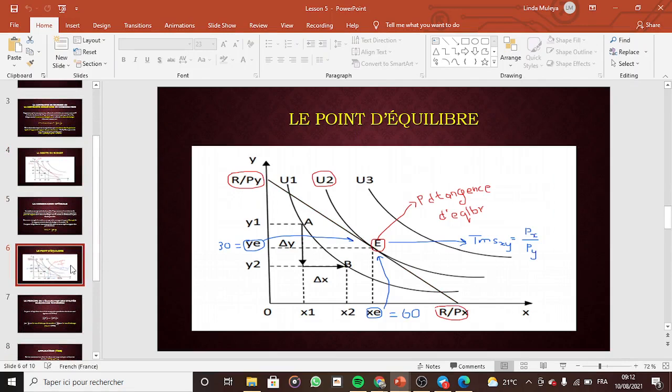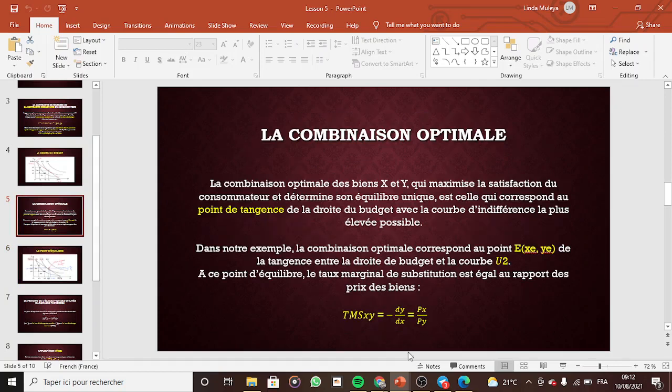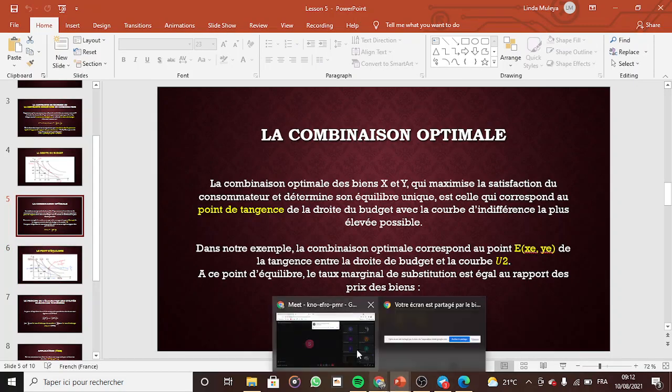We also looked at what else this implies. In this case, the formula for the taux marginal de substitution is px over py, which is also equal to the derivative of y in terms of x, or x in terms of y, which we will see as we go on.